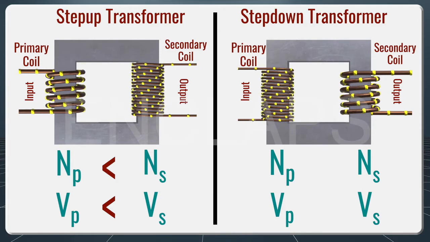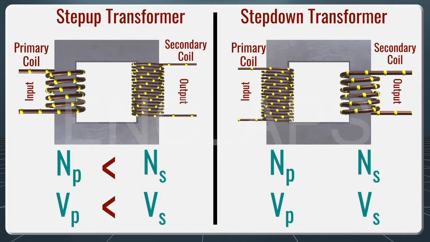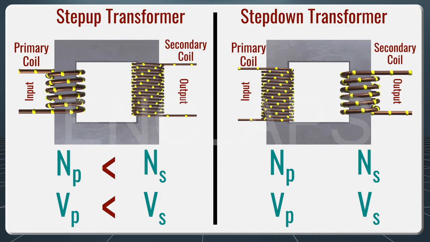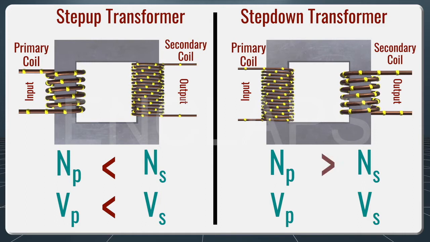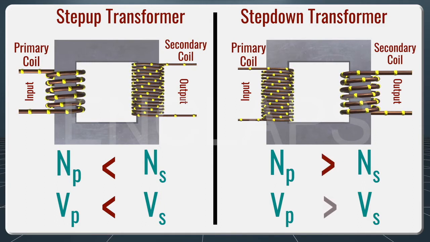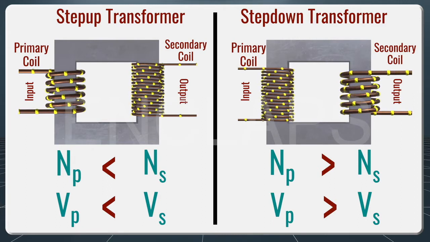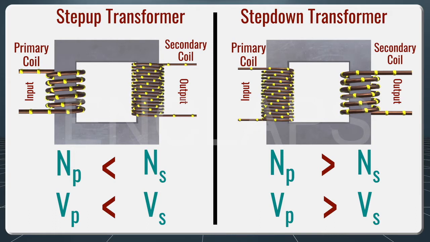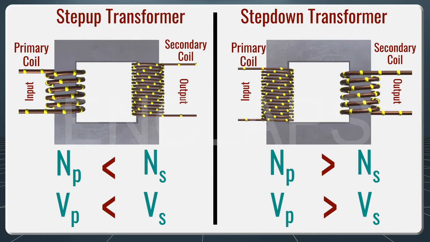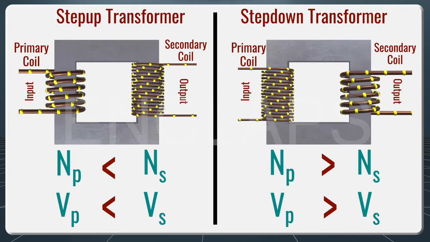Now, in the case of the step-down transformer, it is opposite. In step-down transformers, NP greater than NS and VP greater than VS. The higher the voltage applied to the primary of the step-down transformer, the lower will be the voltage across the secondary. Also, the voltage in the primary will be higher and the voltage in the secondary will be lower.